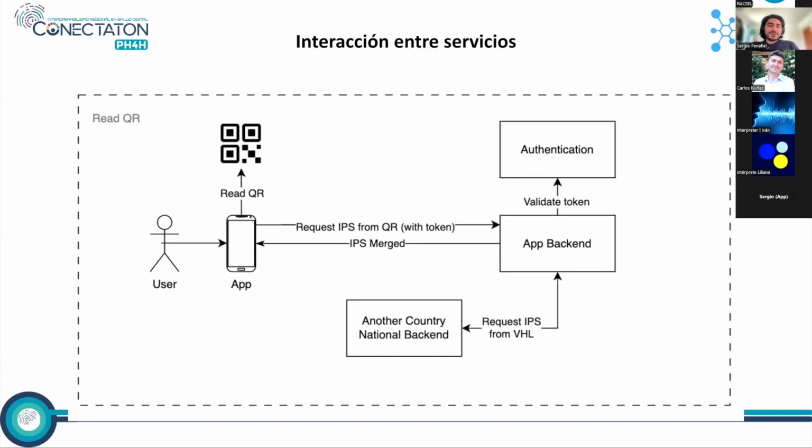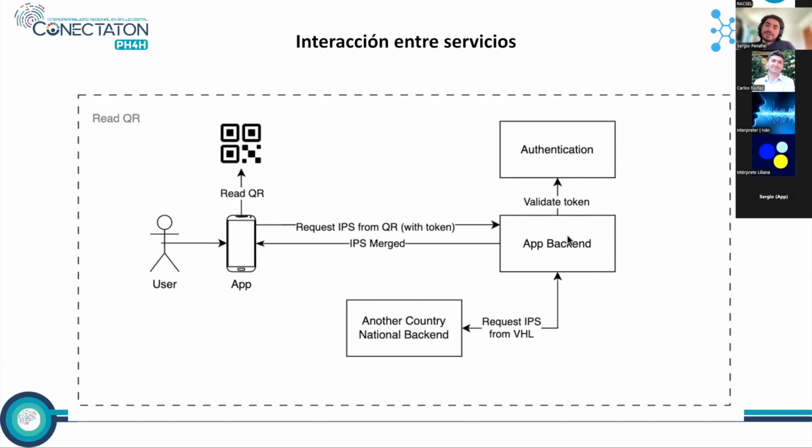With the QR content that has just been scanned, it'll carry out a request to the application backend with that content plus the user token in order to authenticate who it is. The application backend will carry out several activities.